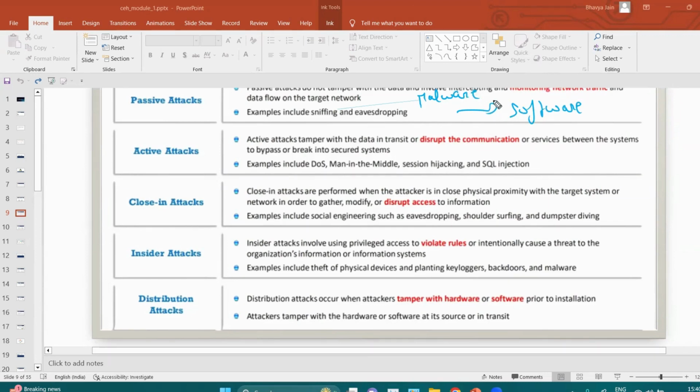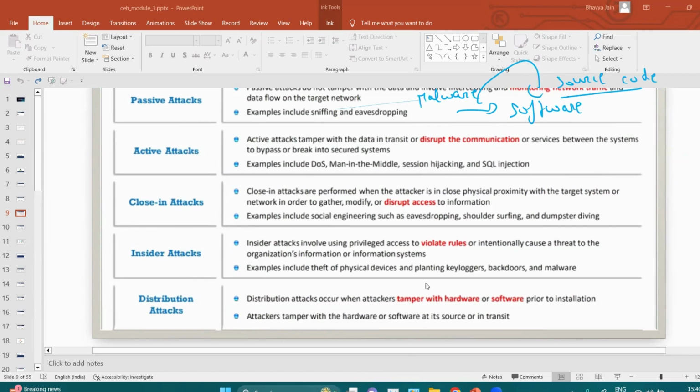Any kind of malicious code inside the software's official source code, prior to installation and prior to launching.